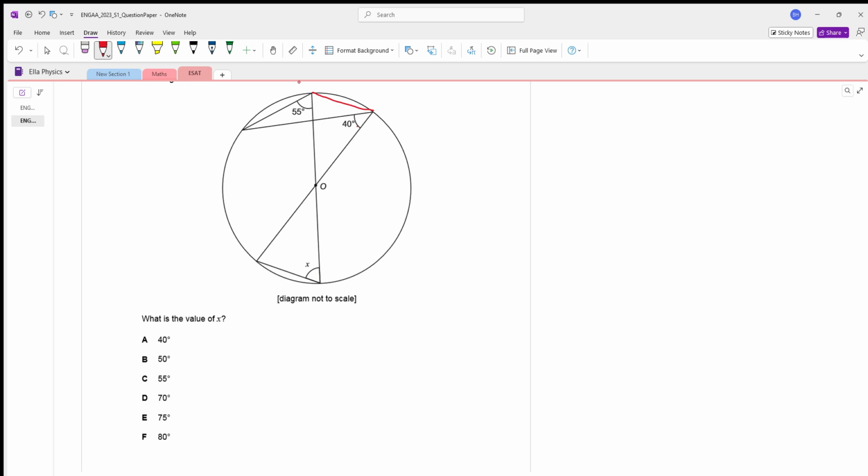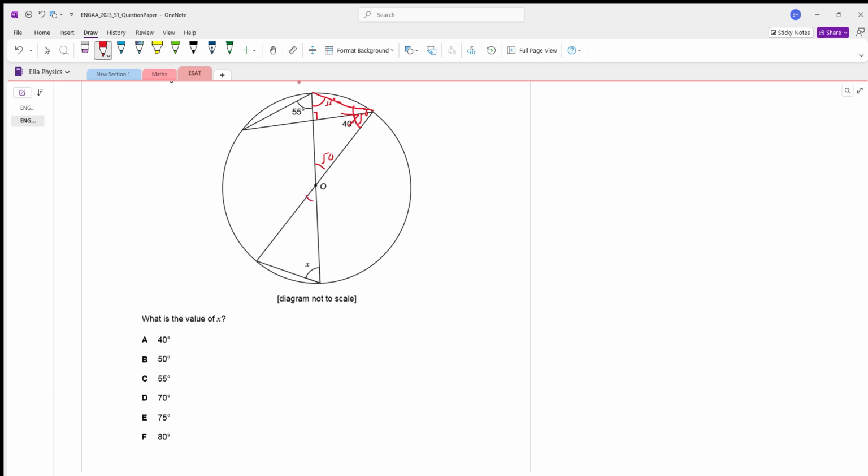So this would be 55. That's on a straight line, so that's there. That's 90. This would be 35. Okay, so looking over here, this angle here would be 75. From there to there, 40 plus 35, that's 75, and that makes this 50.